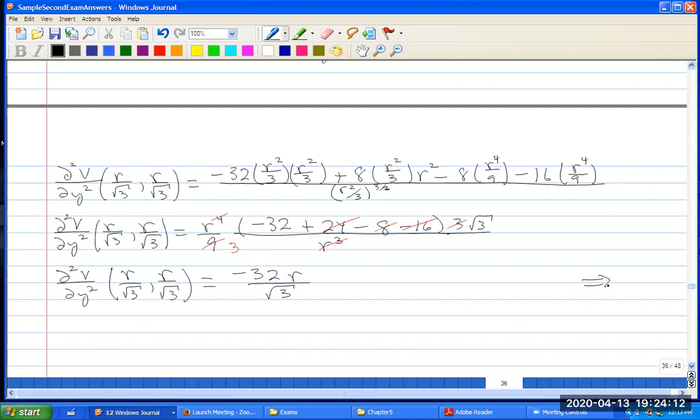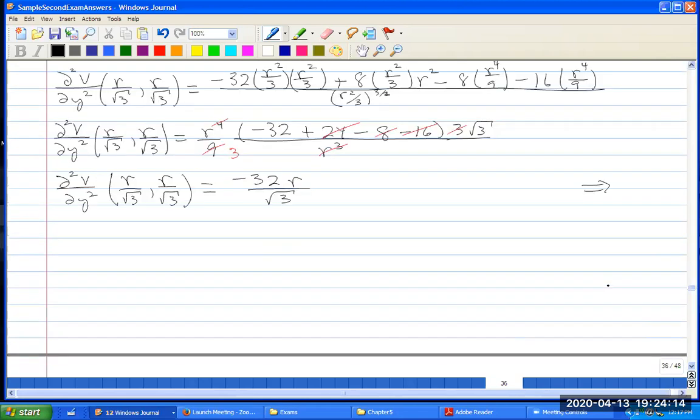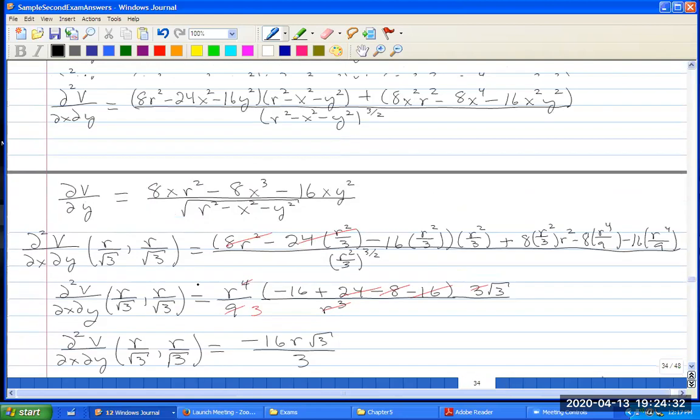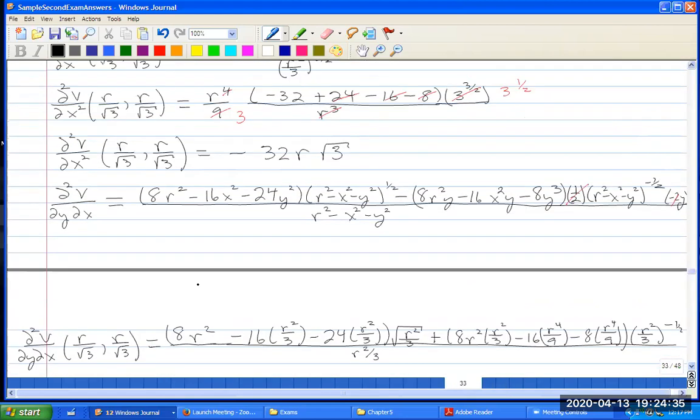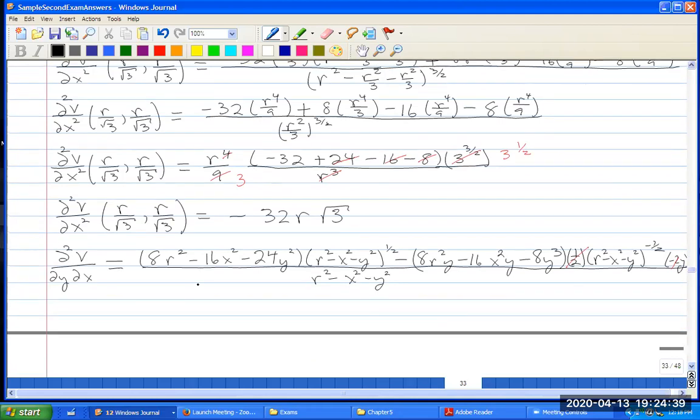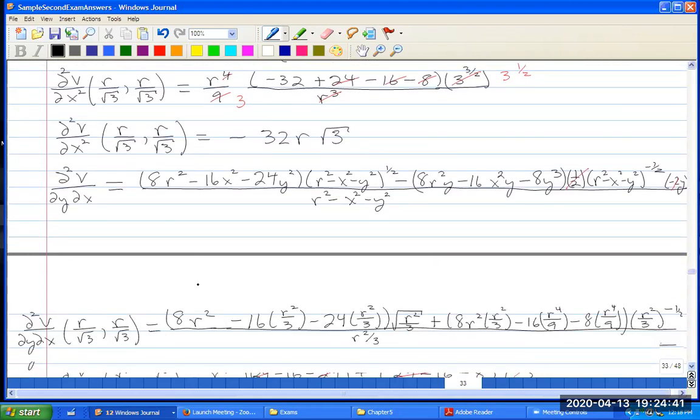Okay, so finally the Hessian. Let's do H. And let's actually write it as a matrix, 1, 2, 2. Okay, so the partial with respect to x. Oh, okay, we'll write it that way because then they'll cancel.